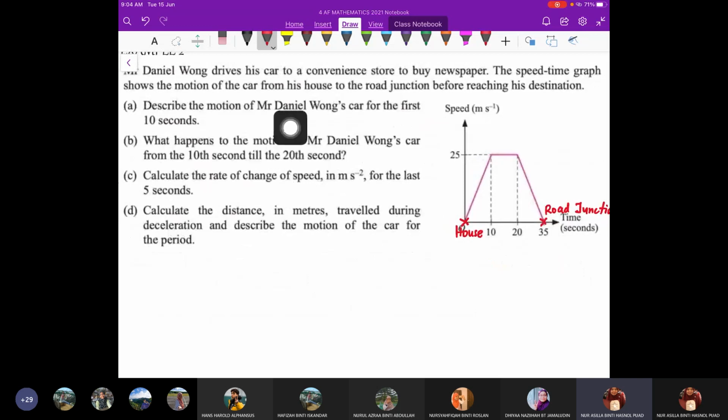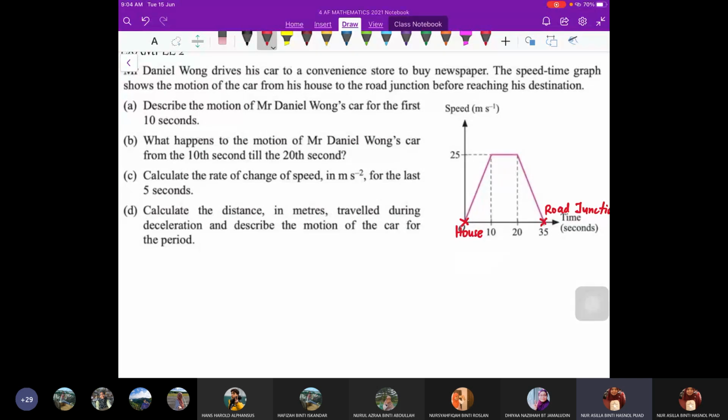Describe the motion of Mr. Daniel Wong's car for the first 10 seconds. So, saya cakap tadi lah. So, Mr. Daniel starts accelerating for 10 seconds to reach speed of 25 meter per second.